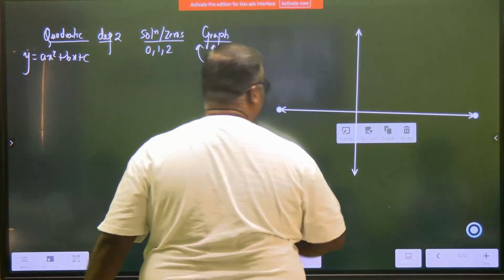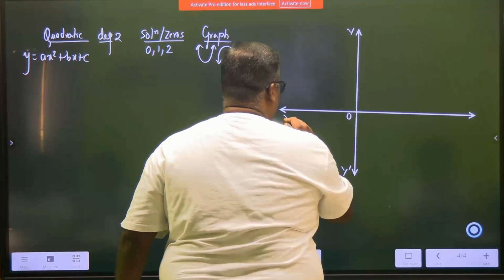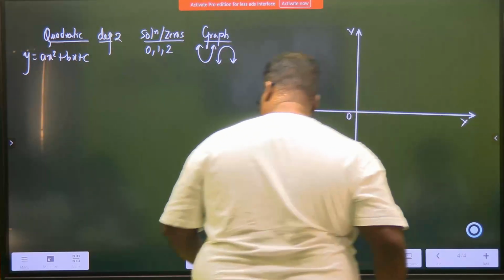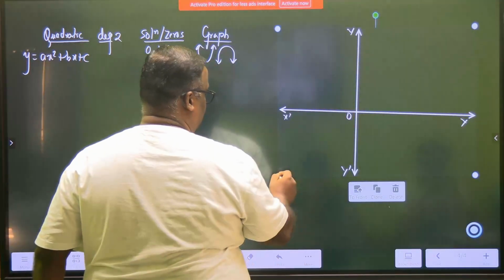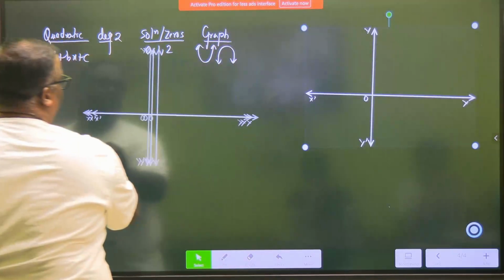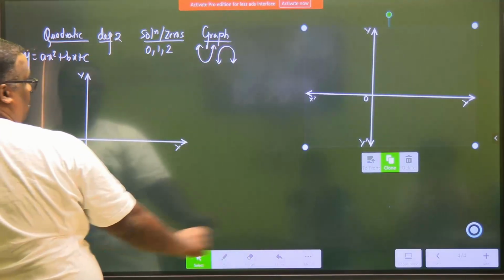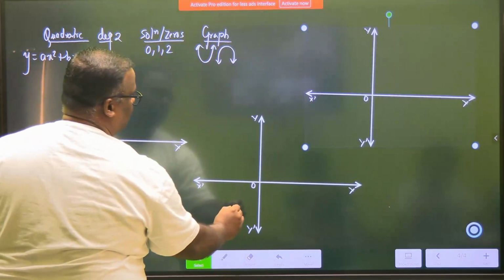Yo. Ym, serum, y dashum, xm, 0, xm, and then slightly smaller clonum, clonum. Okay.